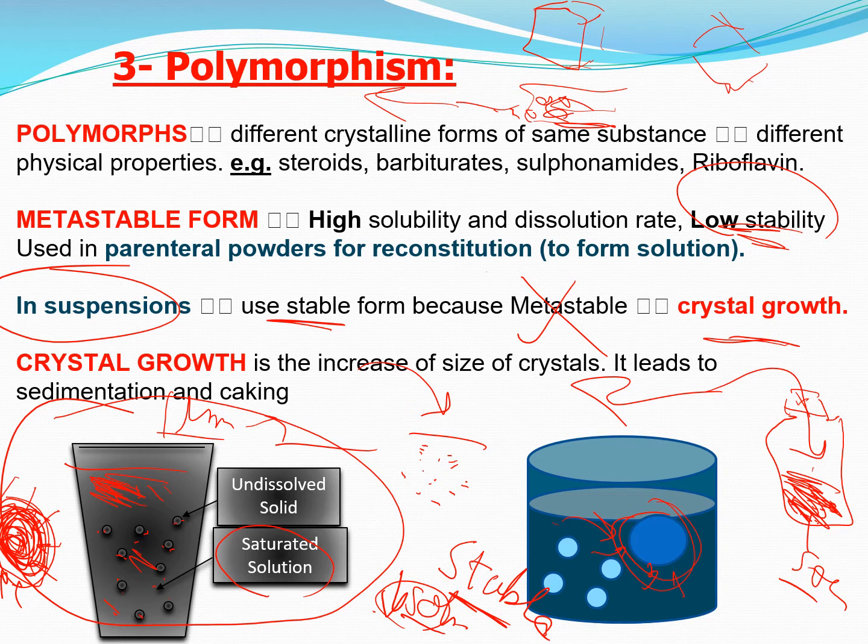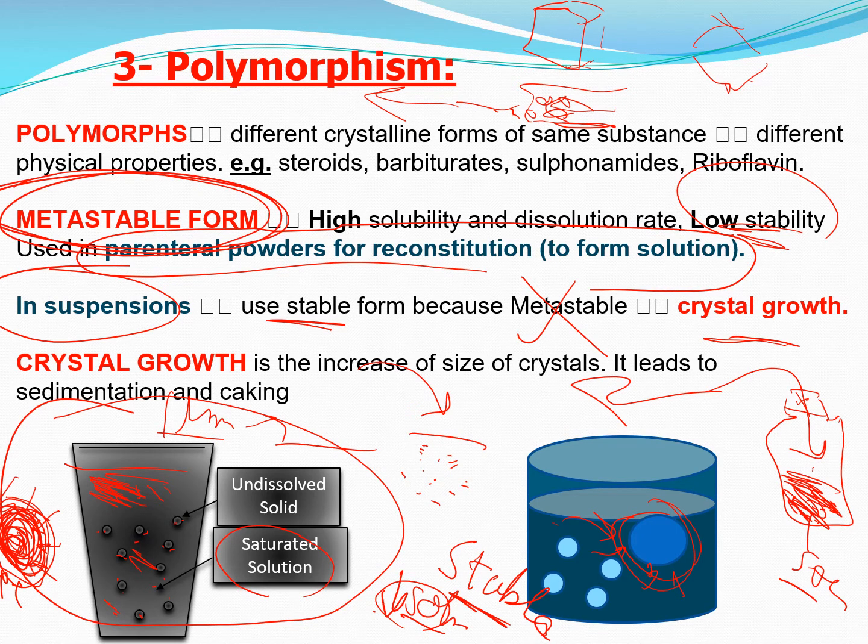If you have powder for reconstitution, it's ideal to use the metastable form. The metastable form is your choice because it is highly soluble. When you add water to the powder, it will dissolve immediately. At the same time, the low stability here is not a problem because it is by default will be injected just after reconstitution.